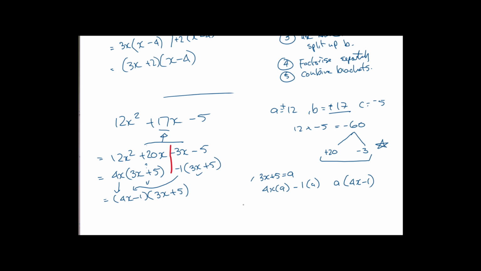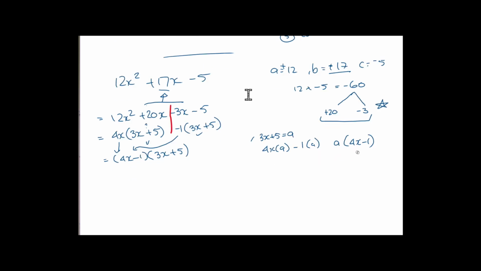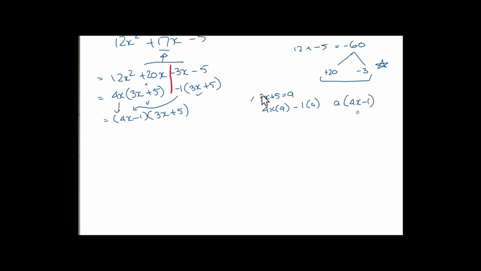Okay, so then our final step, if we want to go and test that, is let's expand out that bracket. So 4x minus 1, 3x plus 5. So 4x times 3x is 12x squared. Minus 1 times 3x is minus 3x. 4x times 5 is 20x.